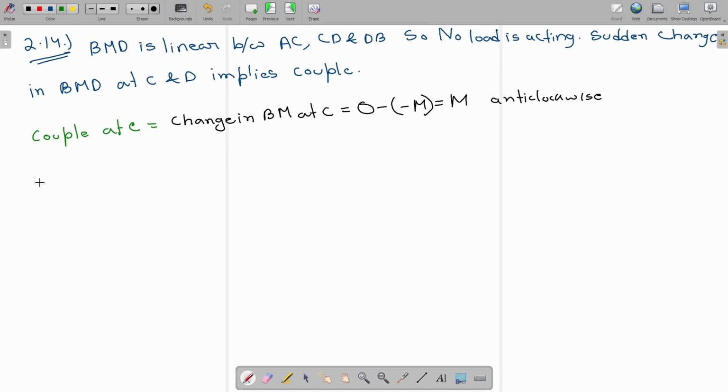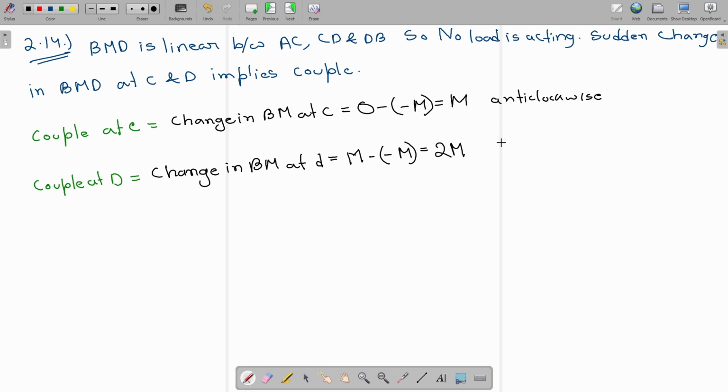The couple at D will be change in bending moment at D, which is M minus of minus M, is equal to 2M. This is also anticlockwise. So our diagram will be like this.